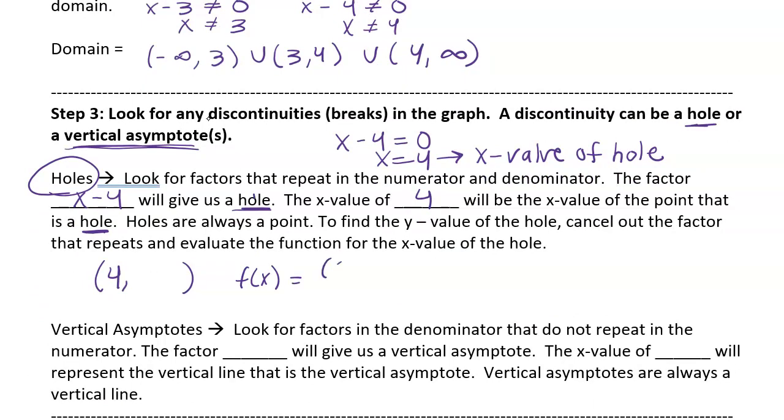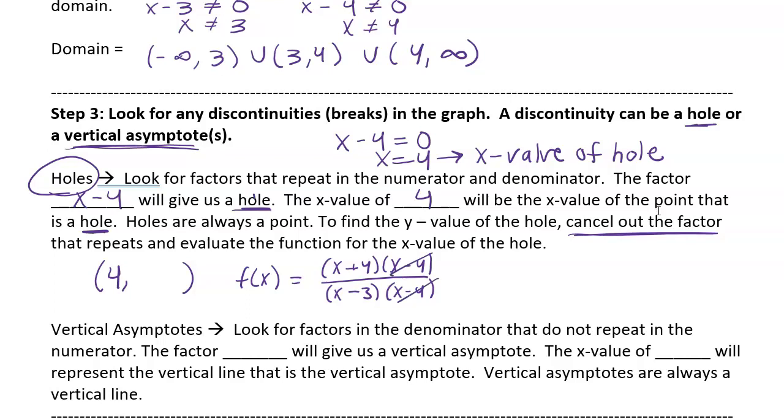Our function is x plus 4 times x minus 4, and then x minus 3 times x minus 4. Okay, what you do is you think of canceling out the factor that repeats on the top and the bottom. So that's going to be the x minus 4.